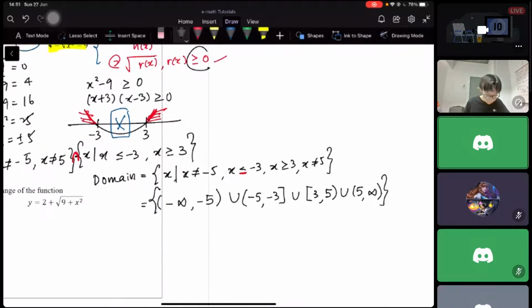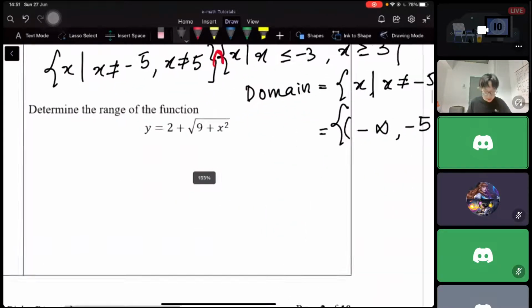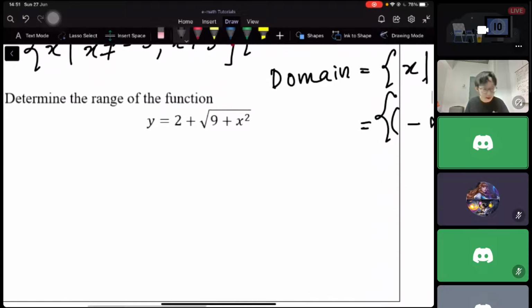Okay, so if you're okay, then we move on to range, and range is actually simpler as long as you know the domain. For this question particularly, you can substitute any value for x. You will not get negative here, right? Because whatever number you square, you will get a positive number. This is why just remember, whenever you take square root of a square, this is not equal to x.